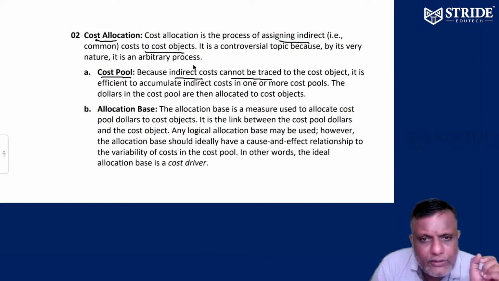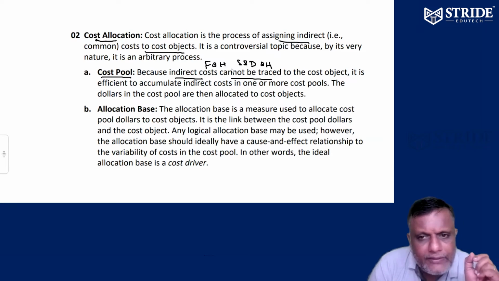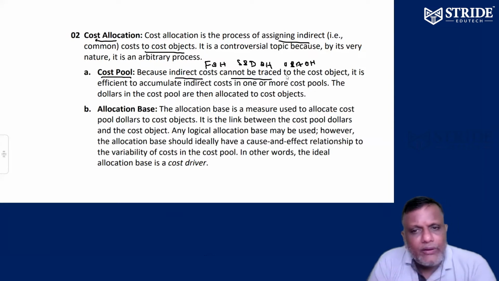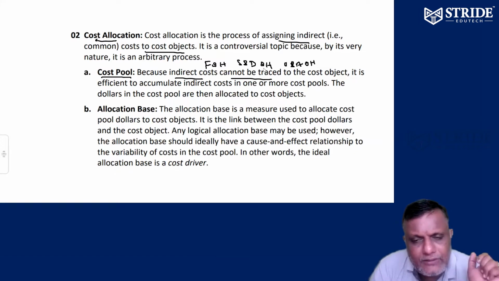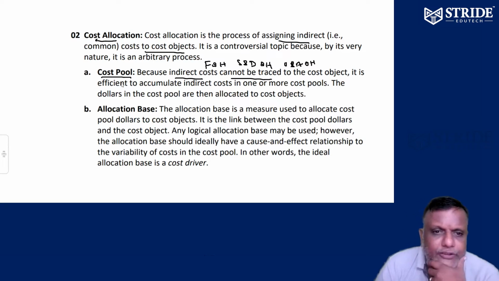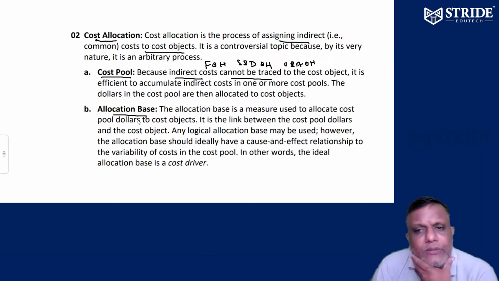Cost pooling examples: factory overhead, selling and distribution overhead, S&D overhead, and office and administration overhead. Costs that cannot be traced are classified into categories: factory overhead expenses, selling and distribution expenses, office and administration expenses. That's called a cost pool.